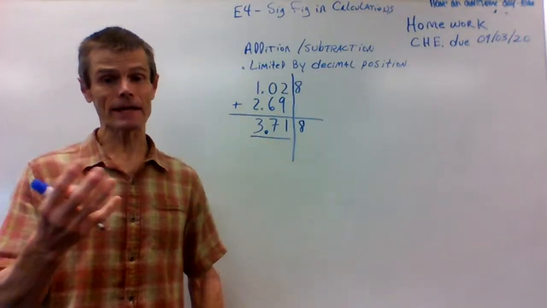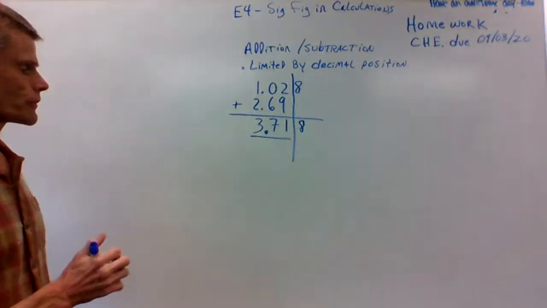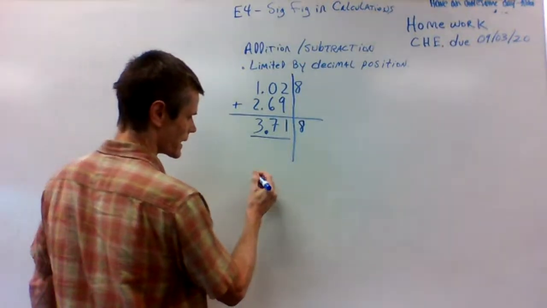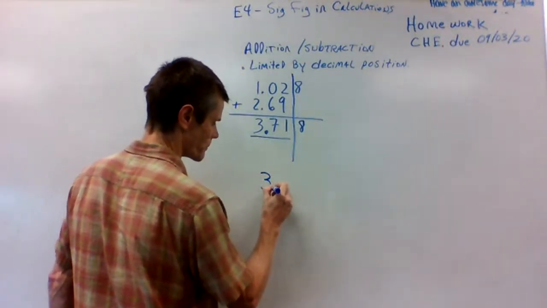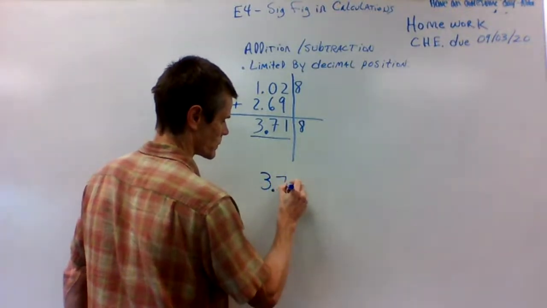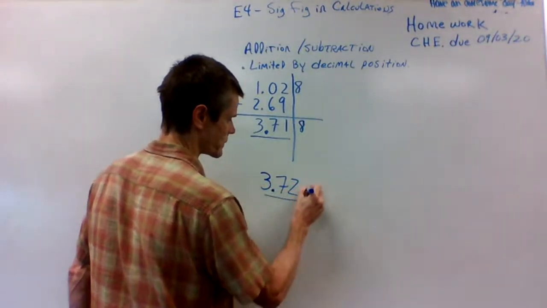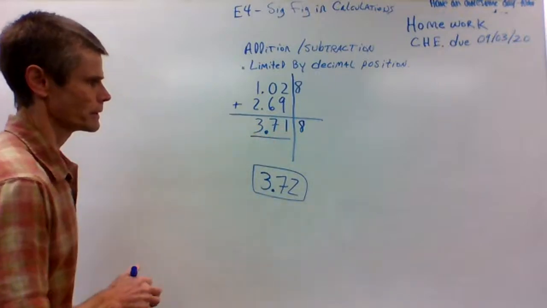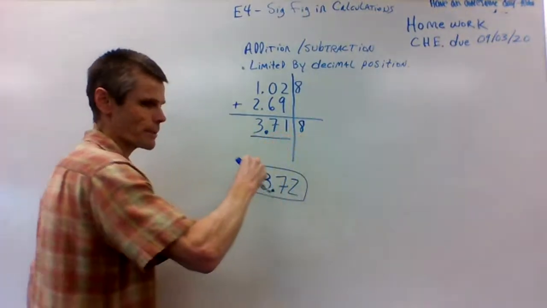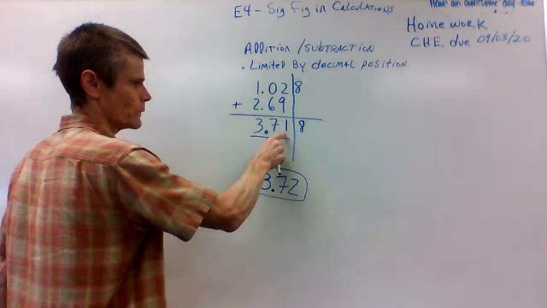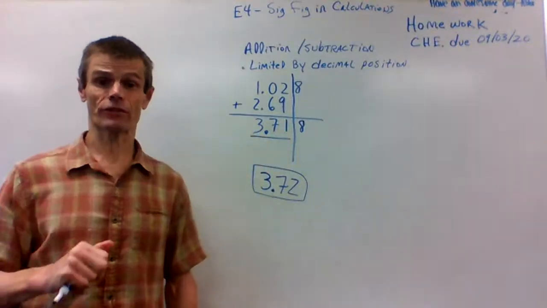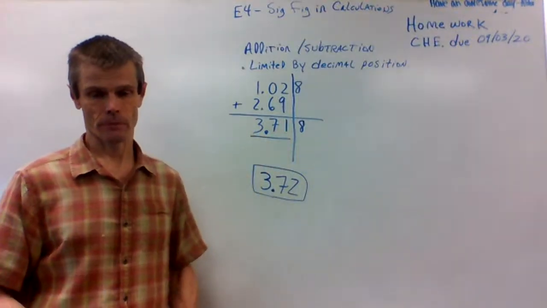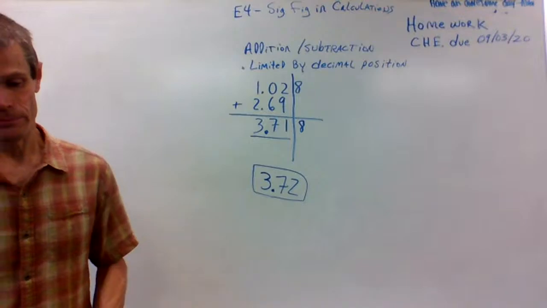Since this is 8, we're going to round this up, and we're going to get an answer for this step, 3.72. We're limited to the hundredths position, and since we're dropping the 8 off, we round that number up and we get 3.72. Any questions?